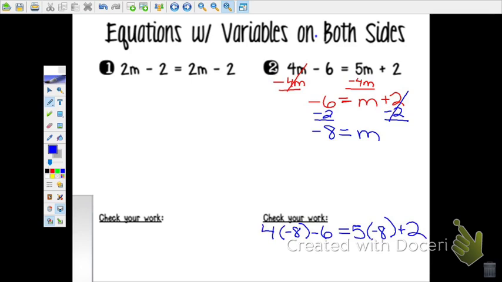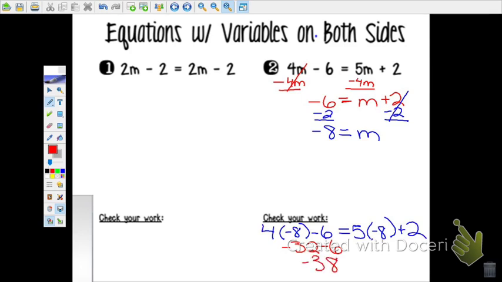So I'm going to work on the left side. 4 times negative 8 is how much? Negative 32 minus 6. Negative 32 minus 6 is how much? Negative 38.